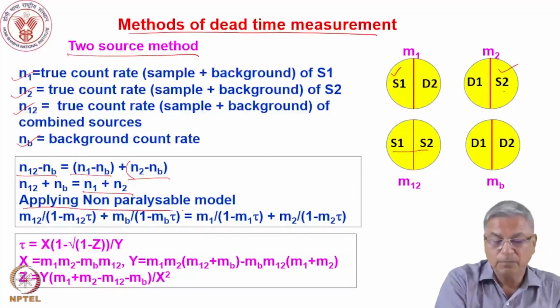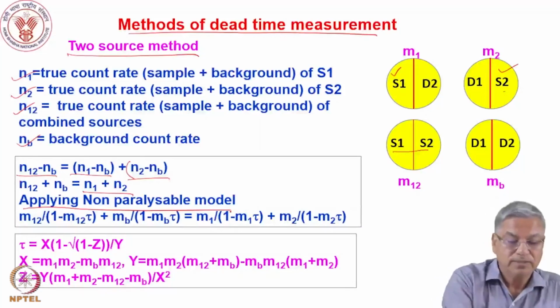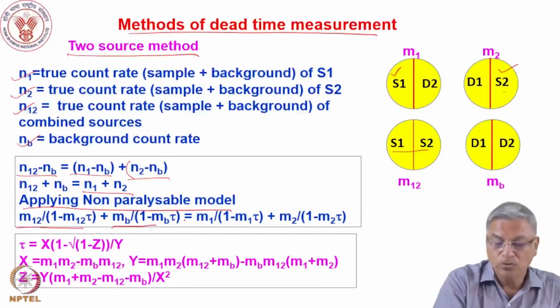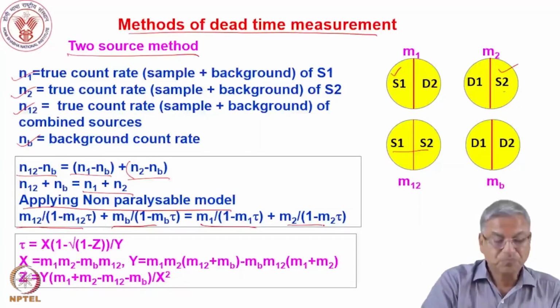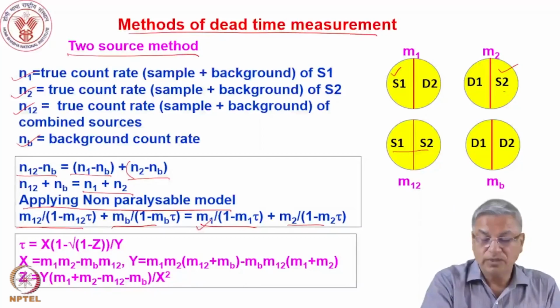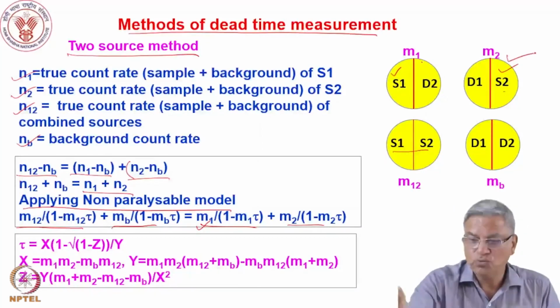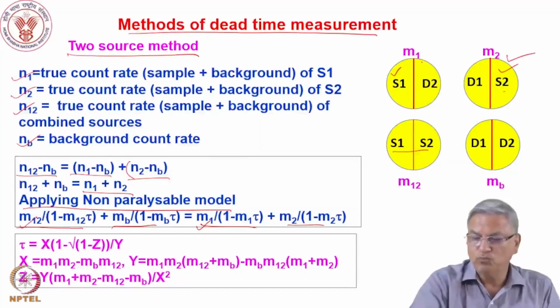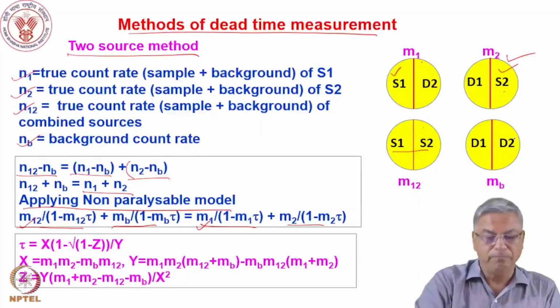Now you apply the non-parallelizable model, N12 equals M12 upon 1 minus M12 tau. So you can replace all by the M value. So this is an equation where you are using the observed counts. M1 is when you have put S1, M2 is when you put S2, and M12 is when you put both of them together, and when you put D1, D2 as background it is called MB.